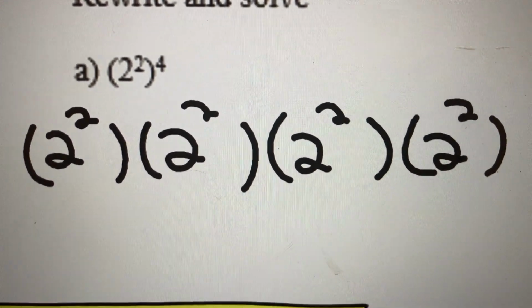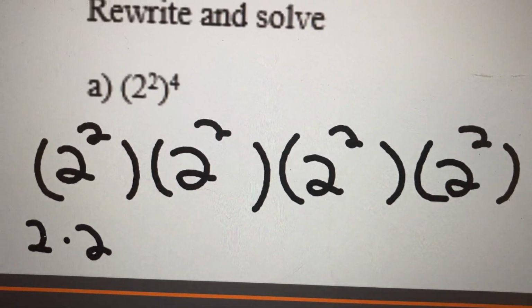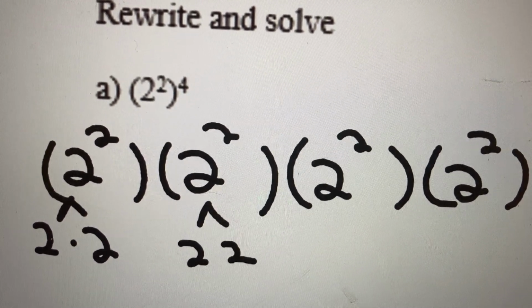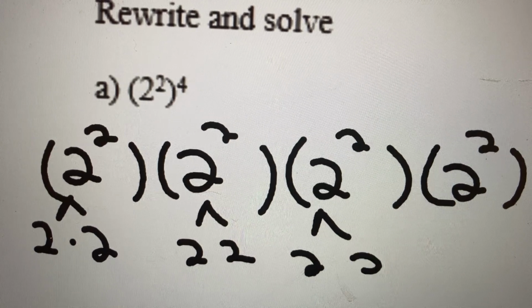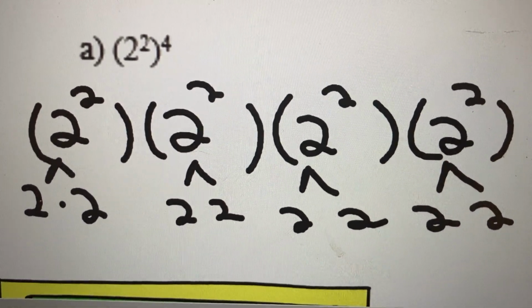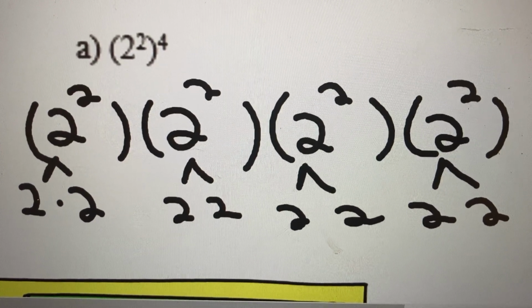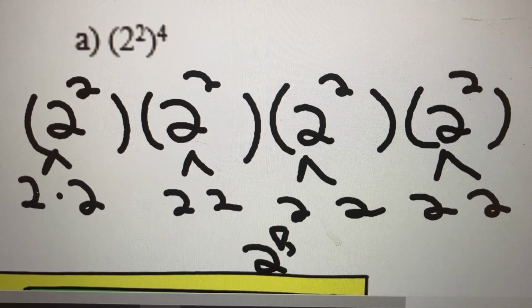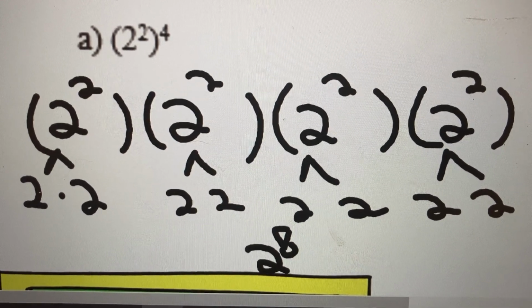Each one of these 2 squareds is a 2 times 2. So now I have a total of 8 2's multiplied together. So that's 2 to the 8th power.